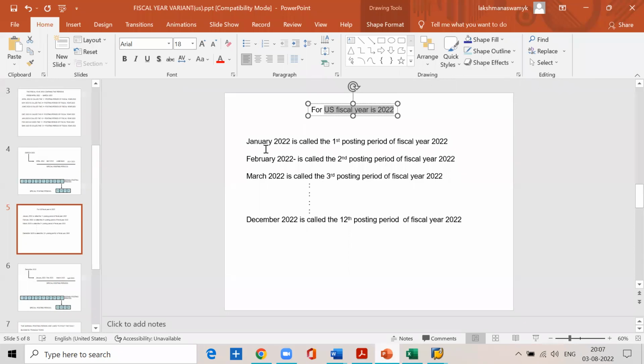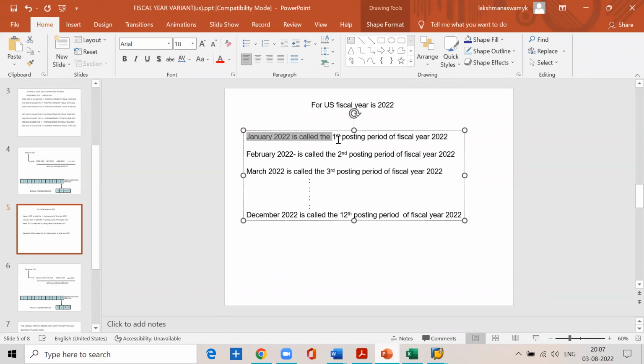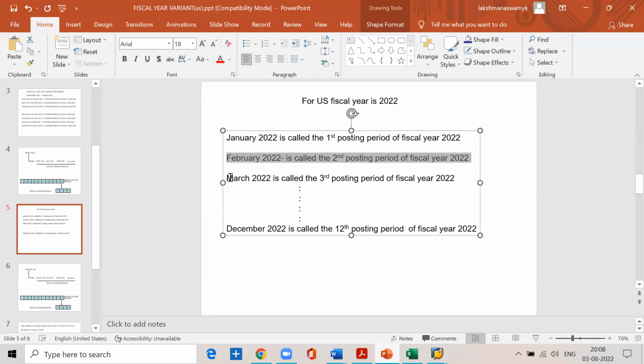January 2022 is called first posting period of fiscal year 2022. February 2022 is called second posting period. March 2022 is called third posting period. Then December 2022 is called 12th posting period of fiscal year 2022.